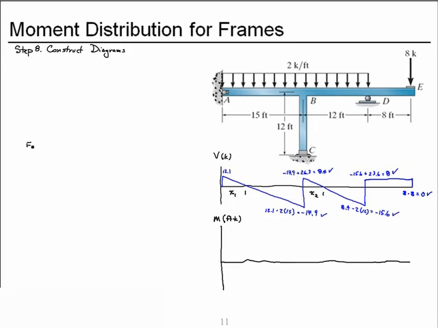And we'll get those from similar triangles. I know that the ratio of x1 over the height of the shear diagram at this end has got to be the same as the full 15 feet divided by this height plus this height, in essence looking at and comparing it to this triangle.